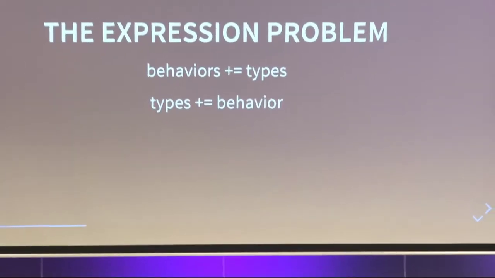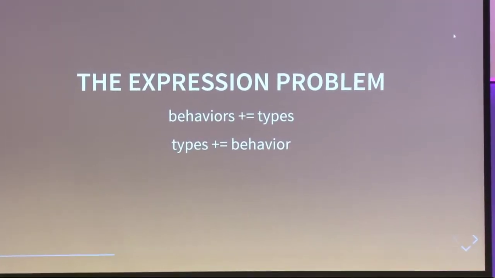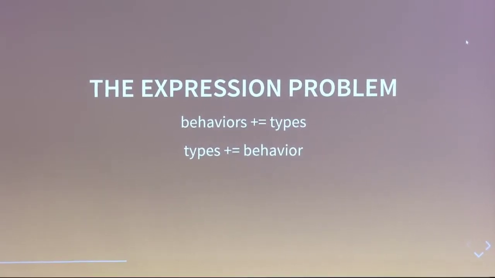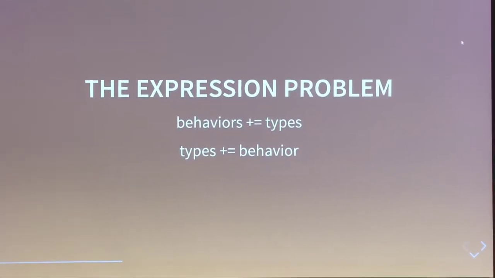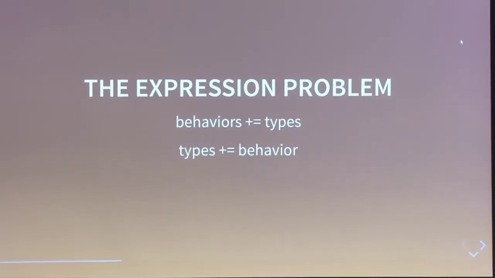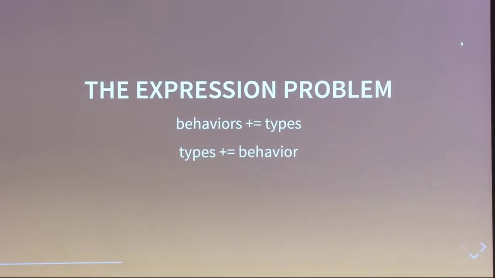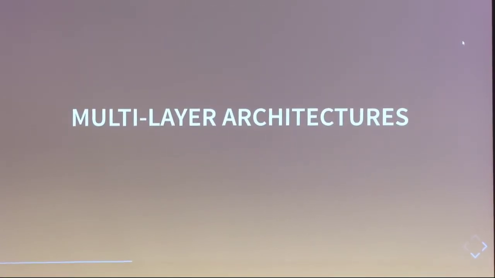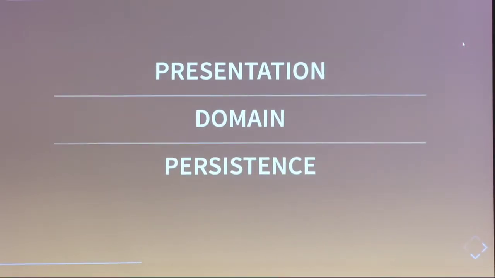Where languages like D and C++ are not so good is when we want to add new behavior to existing type hierarchies. And the rendering function is that we are trying to teach our classes a new trick. And that expression problem often manifests itself in what's called multilayer architectures, where you have several layers.